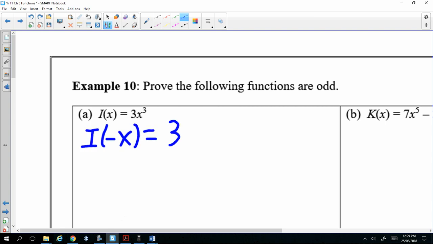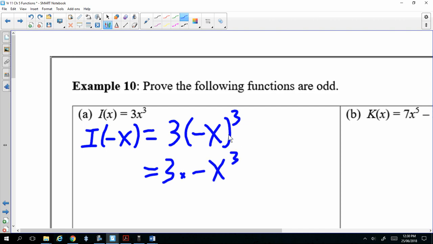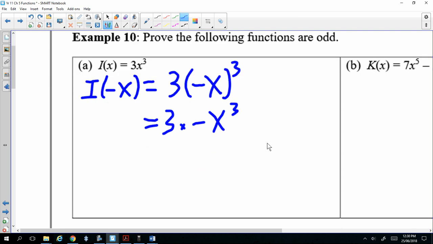And that negative has to be taken out. Now this, remember, is i(x). So I'm going to replace it by i(x), but you have an extra negative in front.